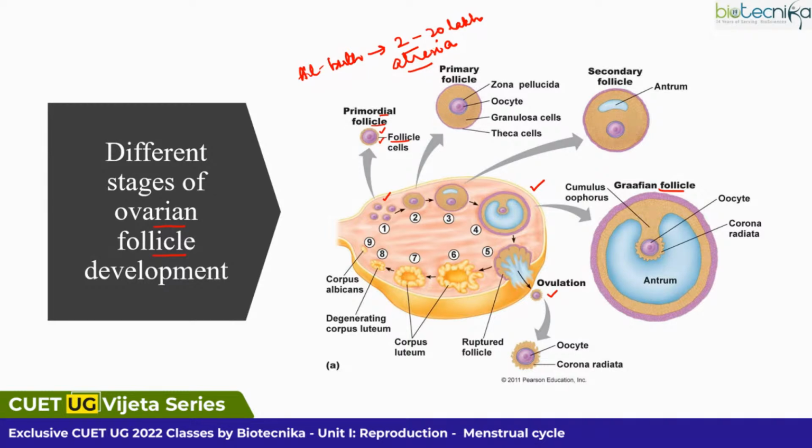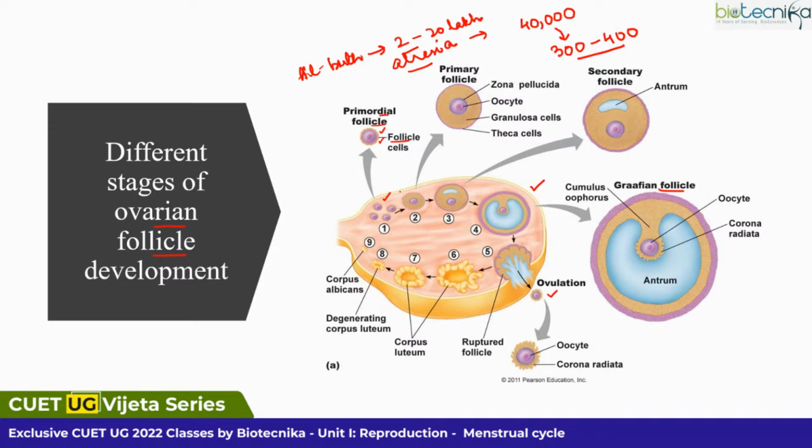Then when the female reaches puberty, the number decreases further, to only around 40,000 follicles. And when the female matures and ovulates, among them only 300 to 400 will actually perform this cycle. So we are left with only this many follicles.